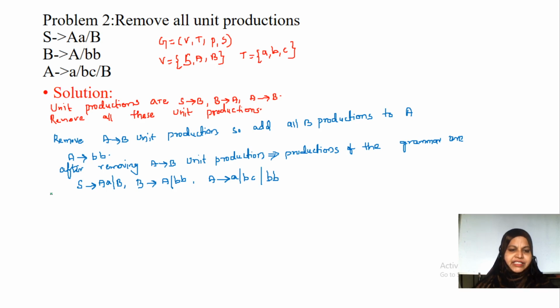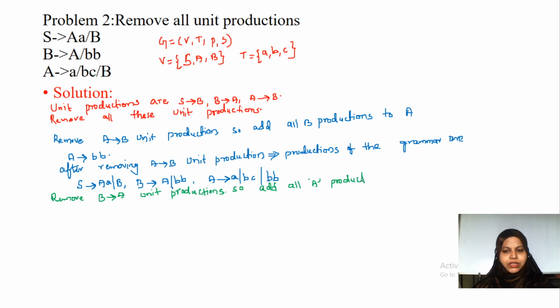Now my second unit production to remove is B tends to A unit production. So add all A productions to B, right?